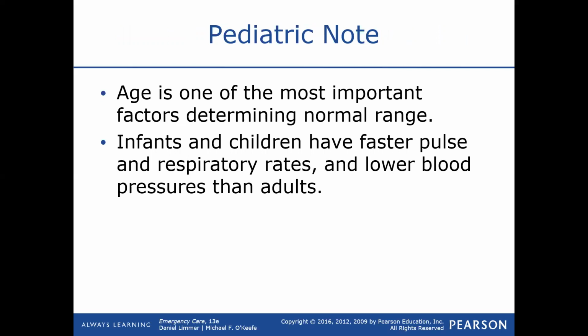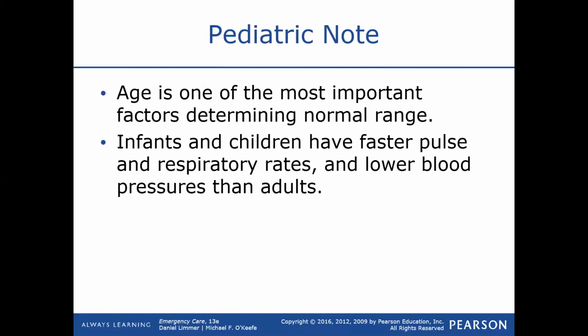Okay, pediatric note: age is one of the most important factors determining normal range. Again, everybody's a little bit different. Infants and children have faster pulse and respiratory rates and lower blood pressures than adults. When we're talking about vital signs, the younger the kids are, the more different their vital signs are from a normal adult.